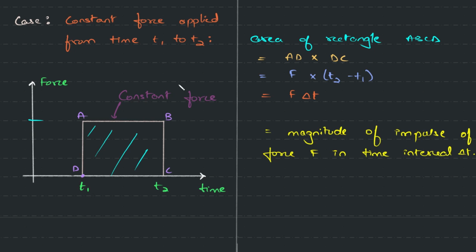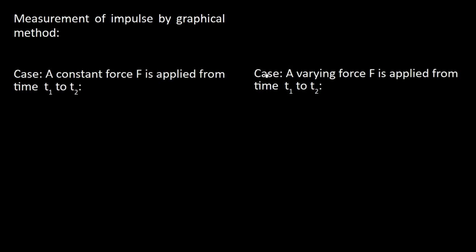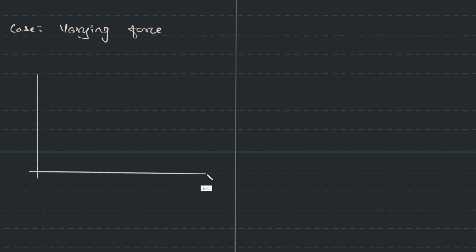Of course, more realistic one is what we're going to see in the next section. That is case of varying force F applied from time t1 to t2. This is what happens, right? So we are looking at a case wherein we have varying force. And so your graph will look like this.